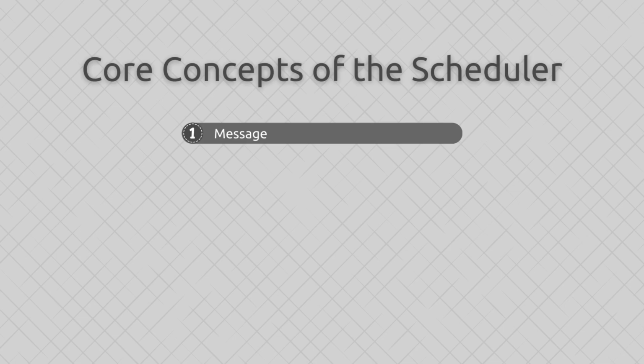Core concepts of the scheduler. First, message. A task is represented as a message, similar to messenger messages. These messages are executed by a handler. Second, handler. The handler is a service that processes the logic of the scheduled task when the message is dispatched.